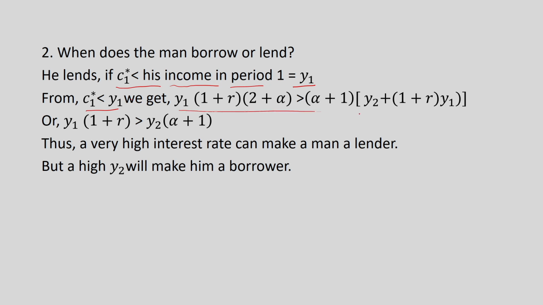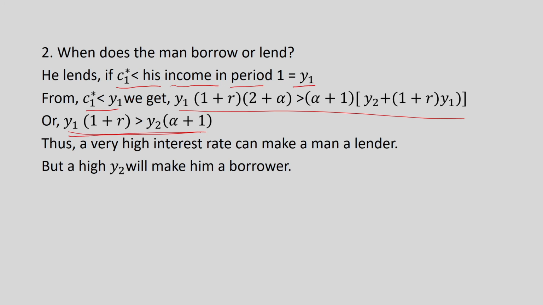I am just elaborating that here, and if we simplify this, it becomes an easier thing to handle. It is Y1 multiplied by (1 plus R) strictly greater than Y2 multiplied by (alpha plus 1). Under this very simple condition, he will lend.